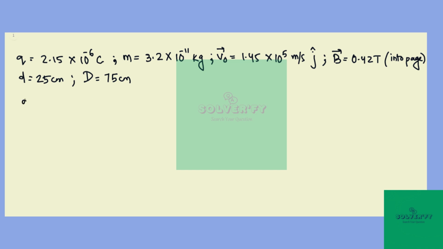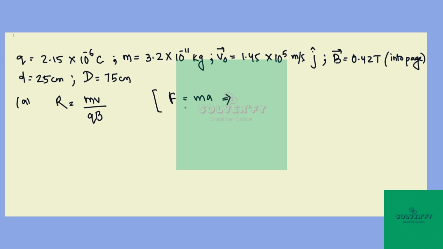First, we are going to find the radius r, which is given by mv over qB, and this equation comes from Newton's law, which is net force equals mass times acceleration.